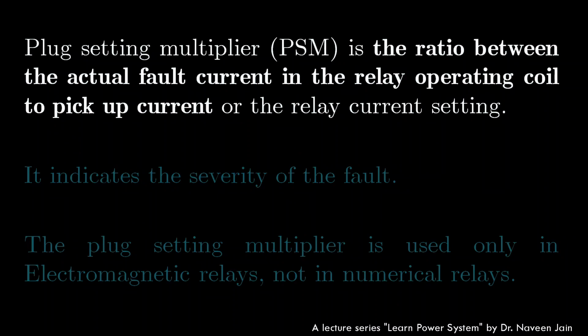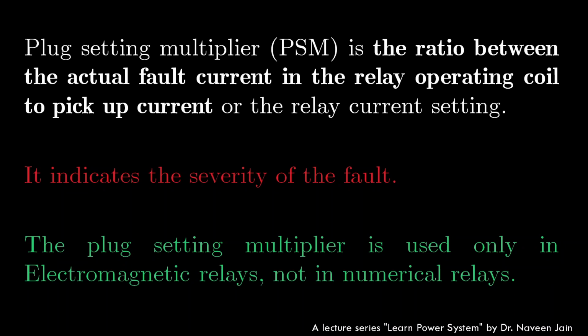Plug setting multiplier or PSM is the ratio between the actual fault current in the relay operating coil to the pickup current, or the relay current setting. It indicates the severity of the fault. The plug setting multiplier is used only in electromagnetic relays, not in numerical relays.